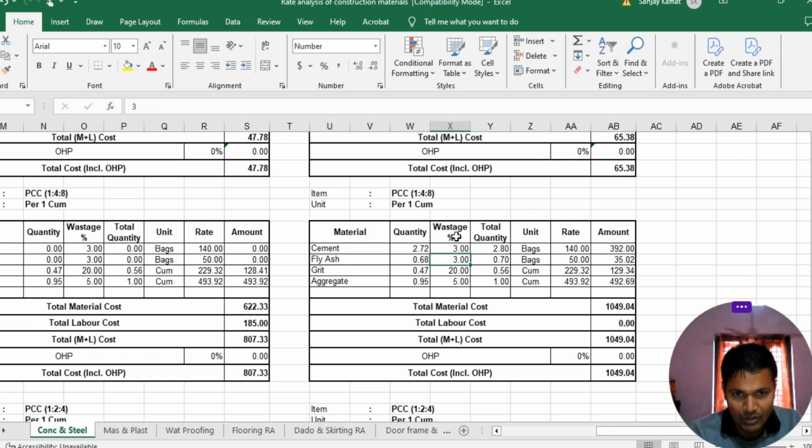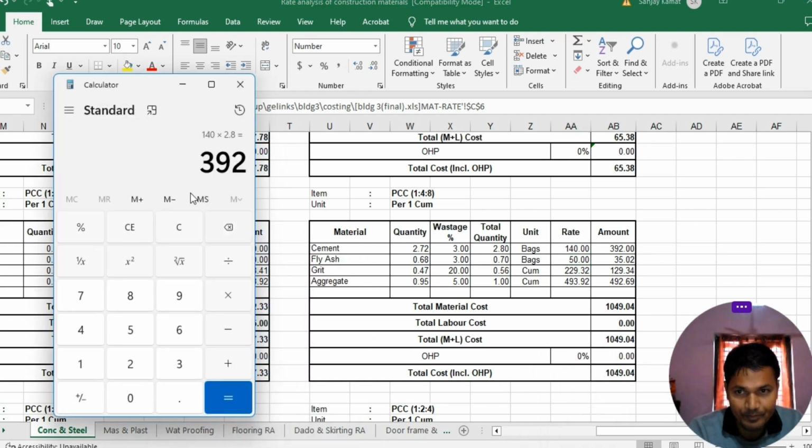Okay, so fly ash, we have taken the quantity 0.68. Wastage percentage of the fly ash is 3%, and the total quantity of fly ash is 0.70. The unit of fly ash is bags, and the rate of fly ash is 50 only. Once we have the two values, we can multiply.